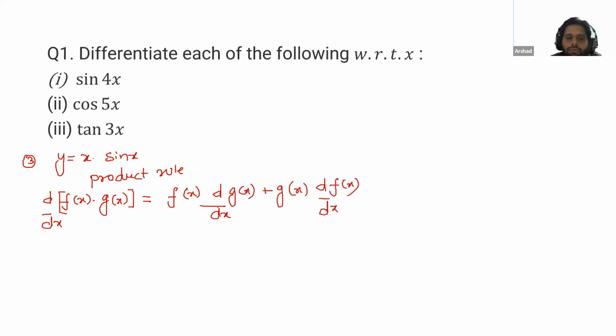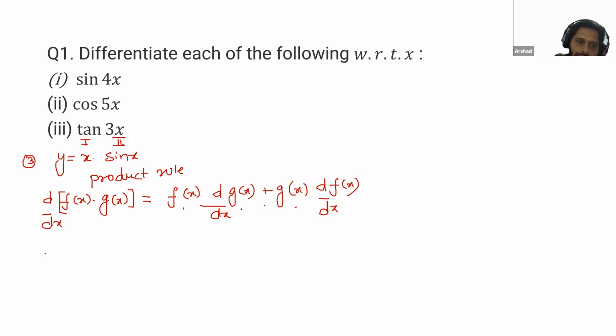There's no need to note down this question. I will give you some fresh questions. If you have two functions and these two are getting multiplied, then the formula is: write the first one, differentiate the second one, plus write the second one, differentiate the first one. For example, here this is our first and this is our second.